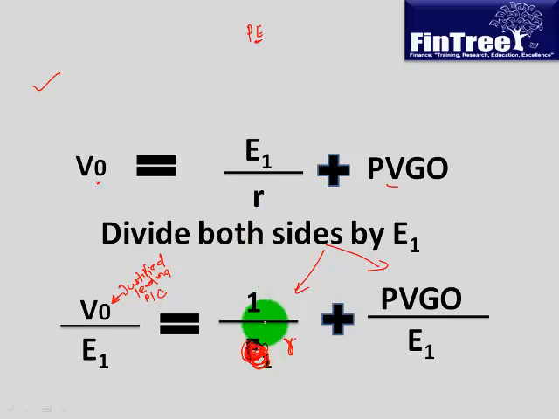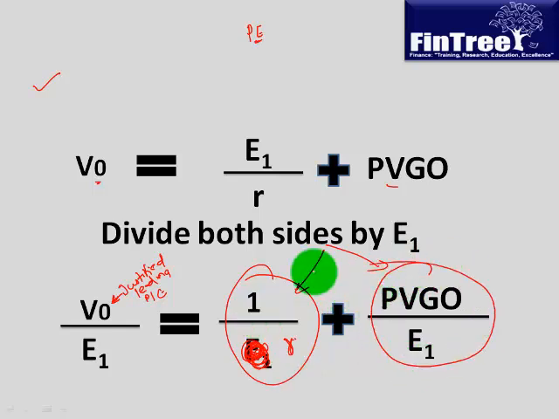You can say that with the current level of earnings, it should be in this range. But how much of that PE is made because of future estimates is going to come from PVGO divided by E1. Is this clear, or should I repeat this again?